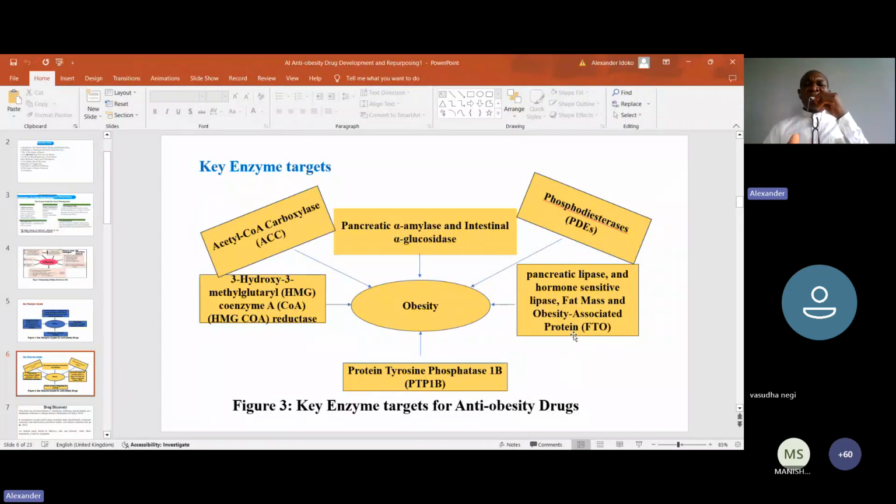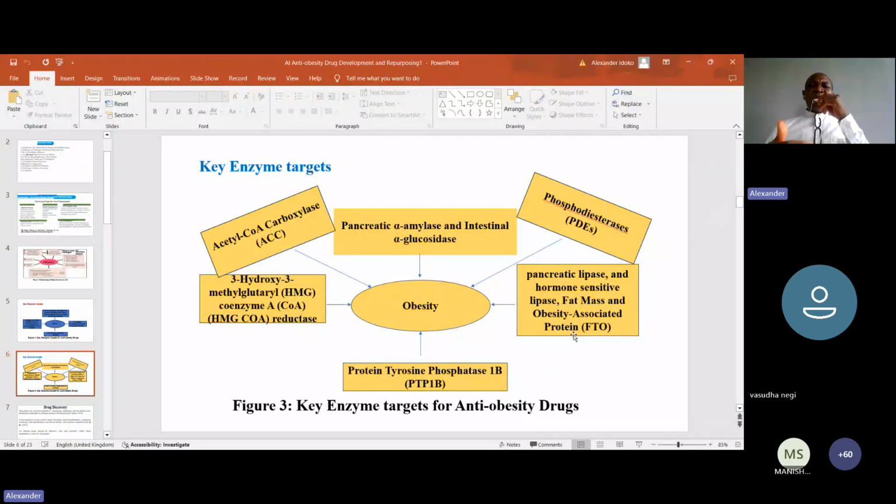So excess cholesterol can be inhibited by inhibiting this enzyme. So it's a good target. The last one is acetyl-CoA carboxylase. It is another good enzyme that also finds its place in glycolysis, in the production of glucose. So these are targets that could be considered in looking at how anti-obesity drugs can be developed.